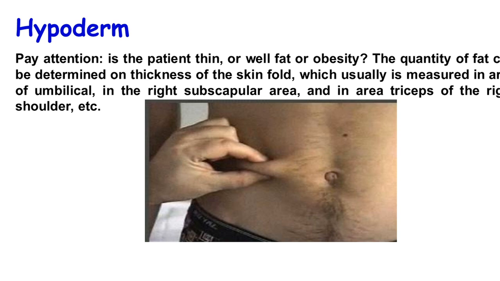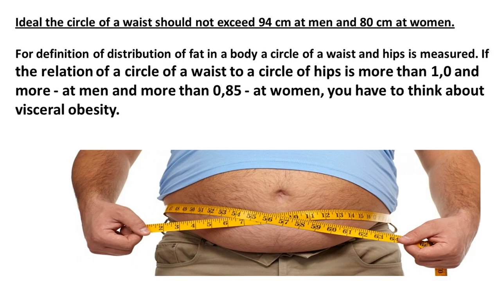Normal thickness of the fold in the umbilical area should be between 1 and 1.5 centimeters. If it's more than 2, your patient has a predisposition to obesity. Also, you should check the waist circumference, which should not exceed 94 centimeters in men and 80 centimeters in women.